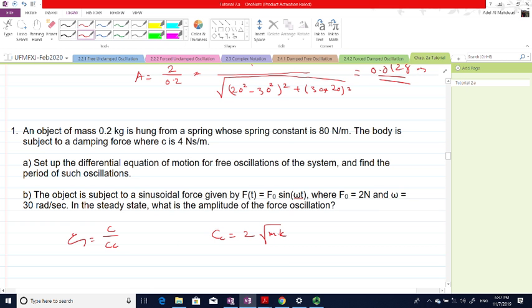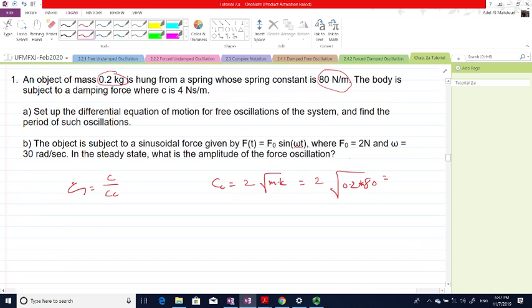M multiplied by K. We have M 0.2, which is this one. And K, which is 80, right? Then we find CC, right? Can you calculate that? How much you will get?